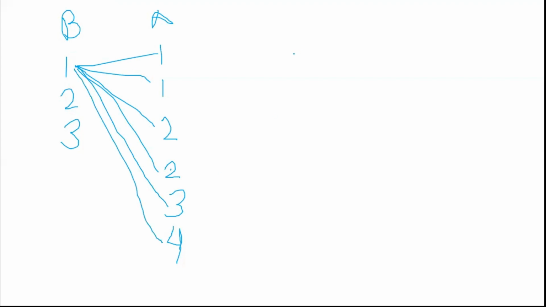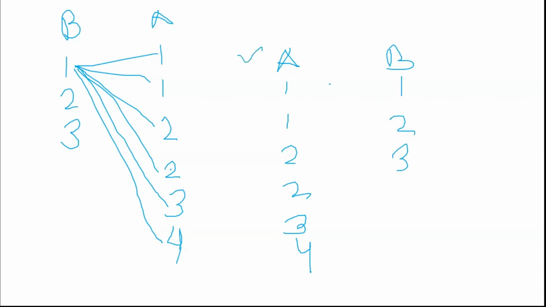But if I am having the opposite, so 1, 1, 2, 2, 3 and 4, and 1, 2 and 3, just this thing is there. This time the components of table A will scan all the elements of table B, like this.